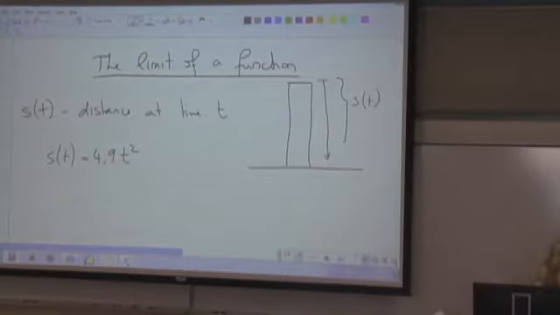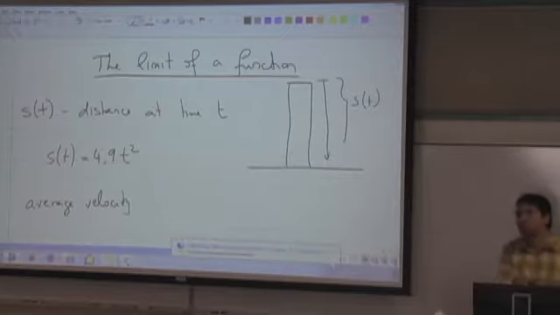So the one thing we can do is look at the average velocity. And so the goal is to look at some sort of an interval of time and try to shrink that interval. See if I can come up with the velocity, because the smaller I get the interval, the better of an approximation I get.